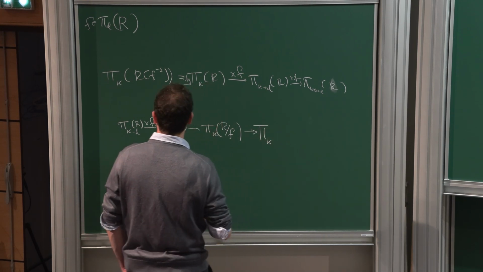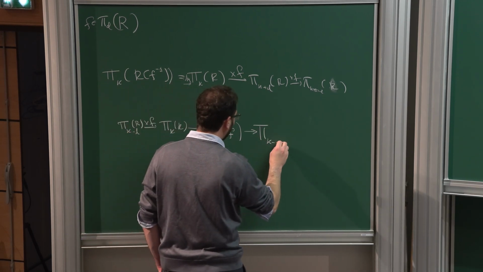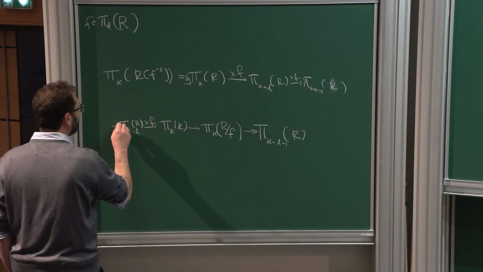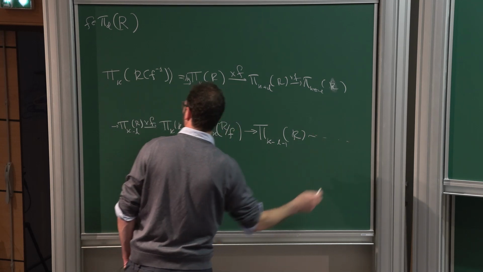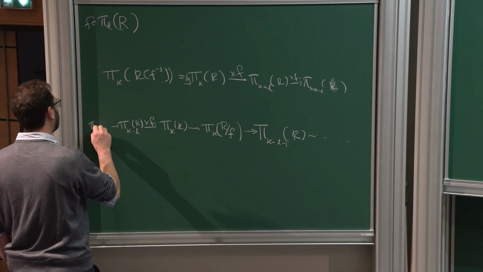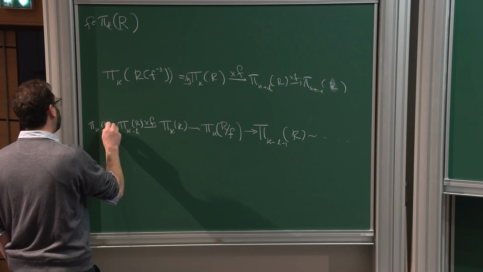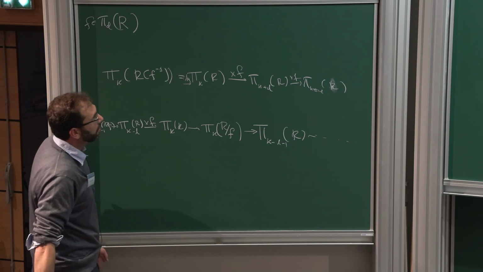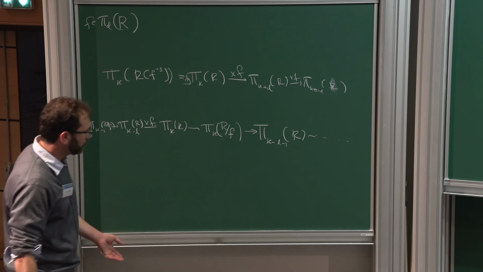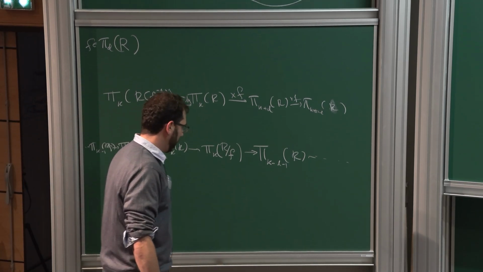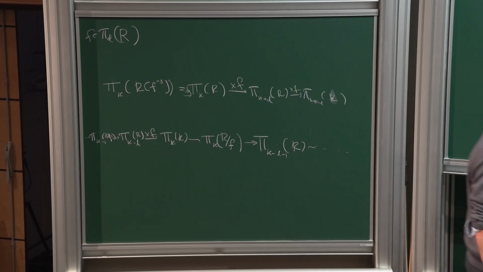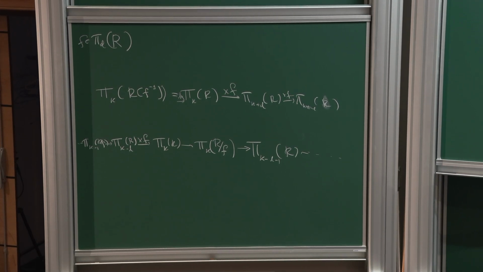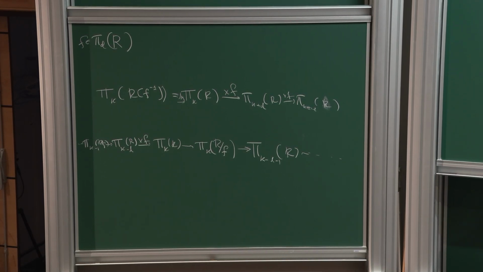So you have here pi k minus d minus 1 of R, and here pi k minus 1 of R mod f. Other than that change, it looks quite similar to the operations we have at our disposal in classical algebra.